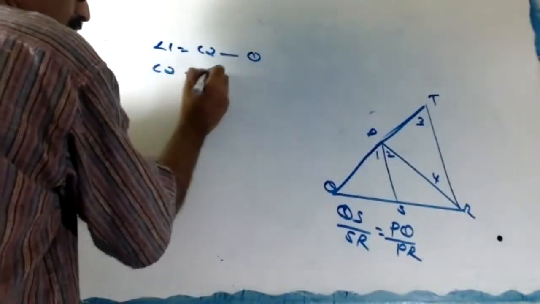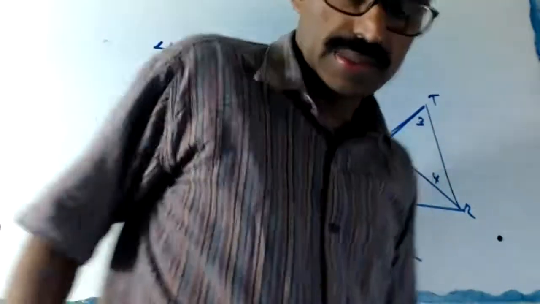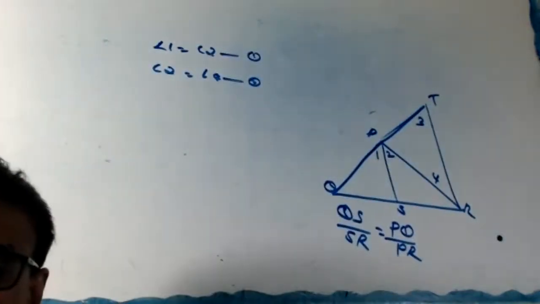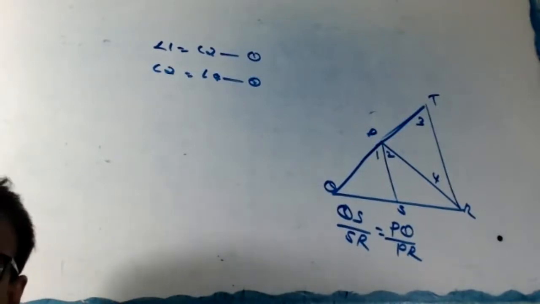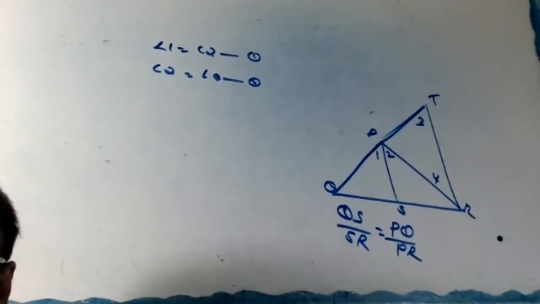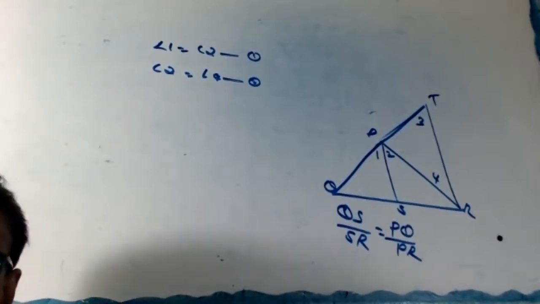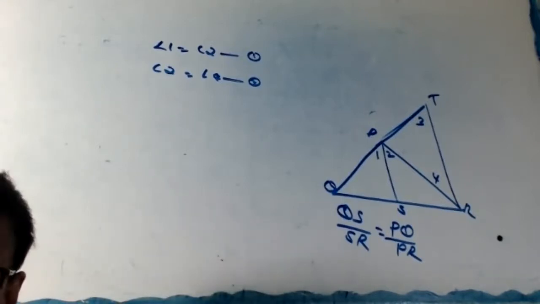Angle 2 equal to angle 4, alternate angles. Any other angles? 1 and 3.